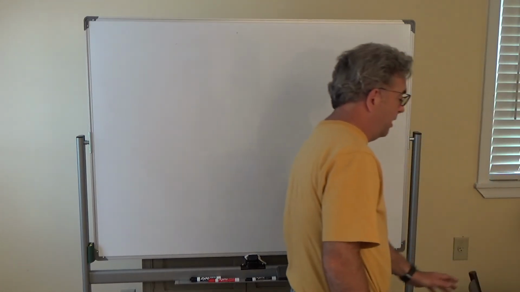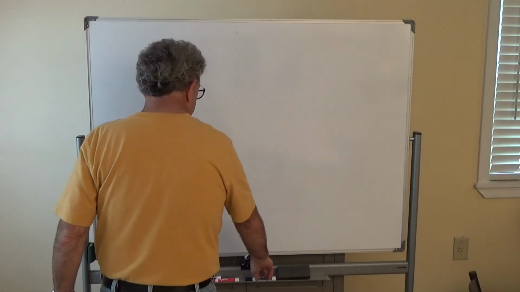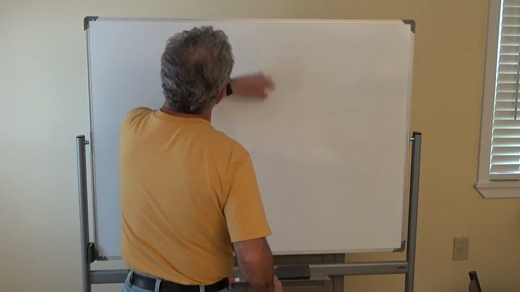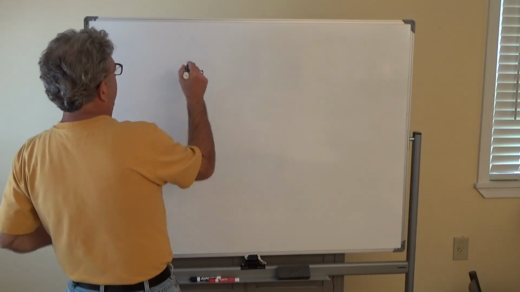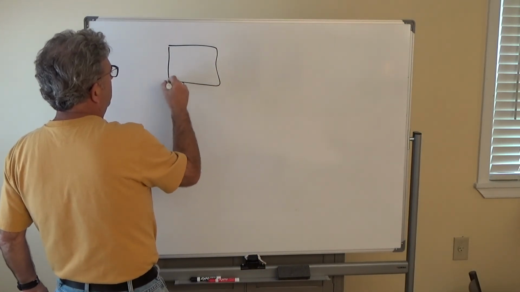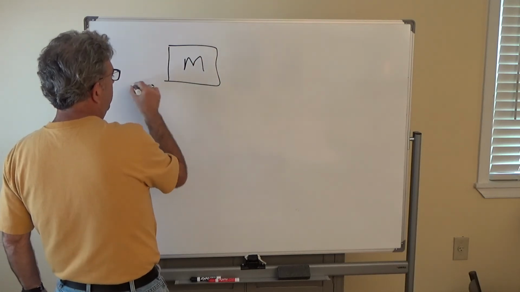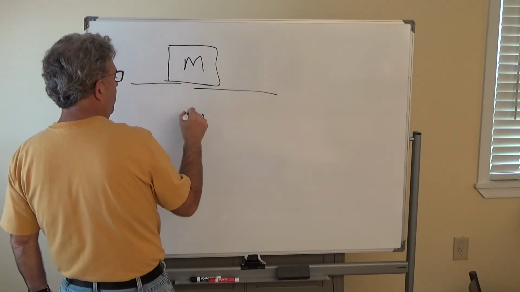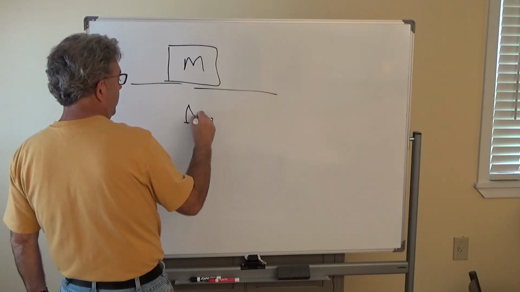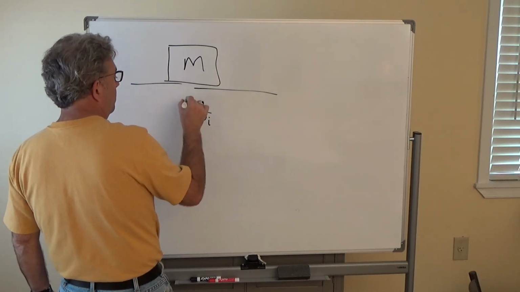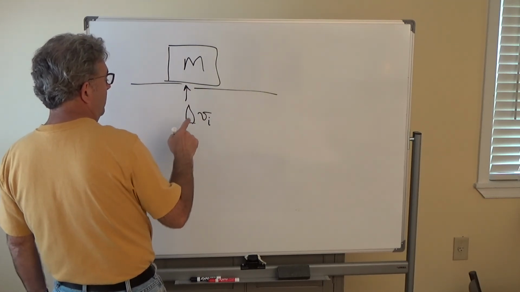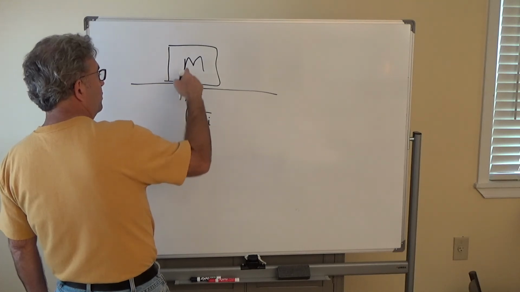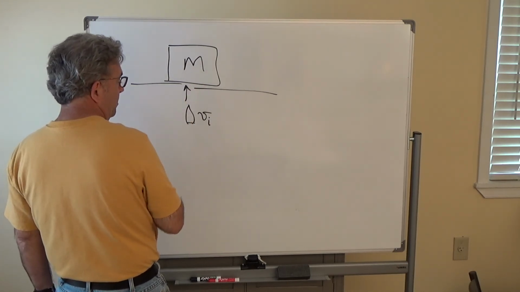Okay, so this is a conservation of momentum problem. You have a projectile that's, here's big M, it's sitting on some table. Here comes a projectile with V initial. All right. It enters the block and sticks.